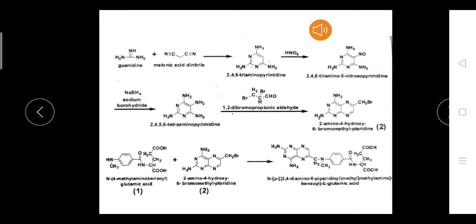This is the second part of synthesis of methotrexate, and this part is alkylating the amino nitrogen atom of N-4-methylaminobenzoyl glutamic acid with the resulting bromide to give methotrexate. So this is the complete synthesis of methotrexate.